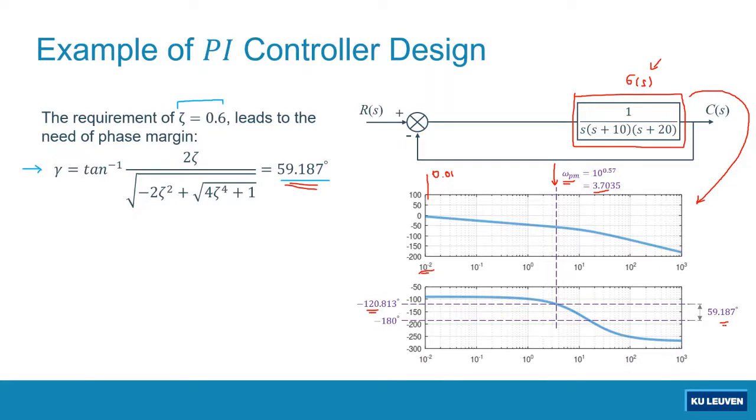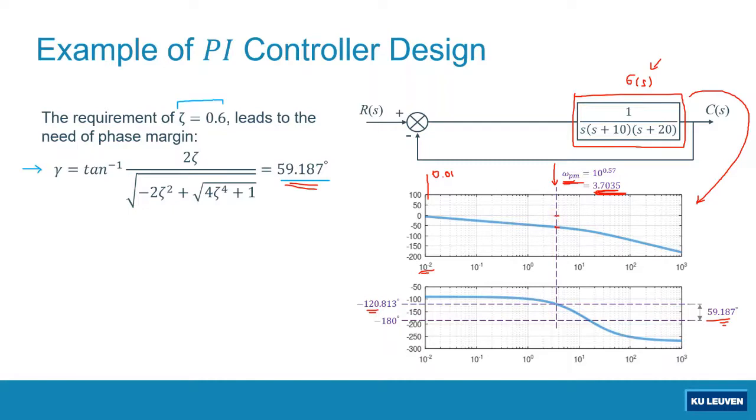If by any means this frequency is our phase margin frequency, then we will have the desired phase margin. This frequency, 3.7 radian per second, will be the phase margin frequency only if the magnitude at that frequency is equal to 0.